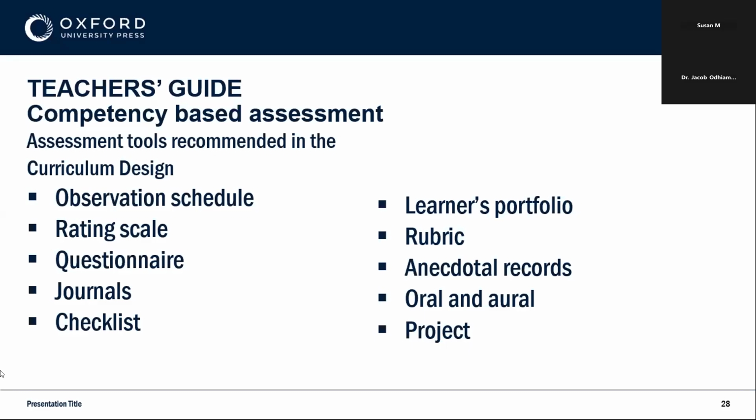I'll show you. The checklist is a yes or no on particular tasks given to the learners. Have they done the task, or they are not able to do the task? That is a checklist. We are going to look at it again. Learning portfolio.